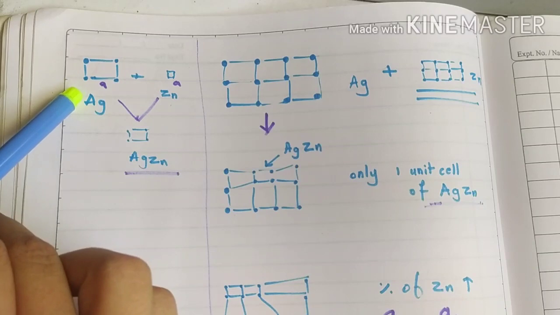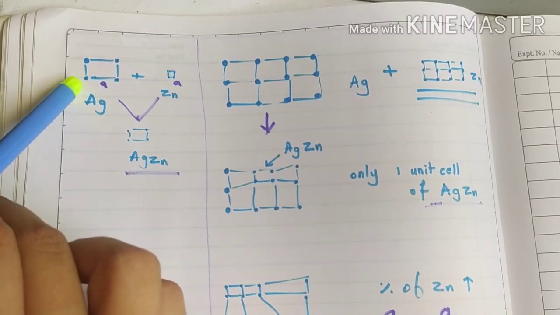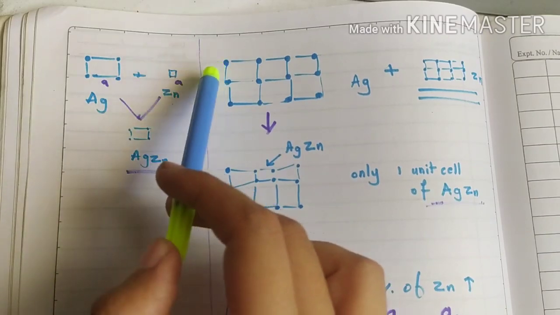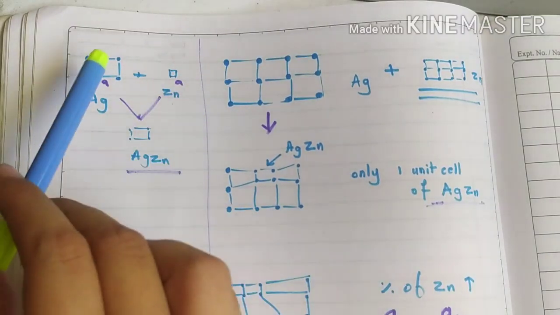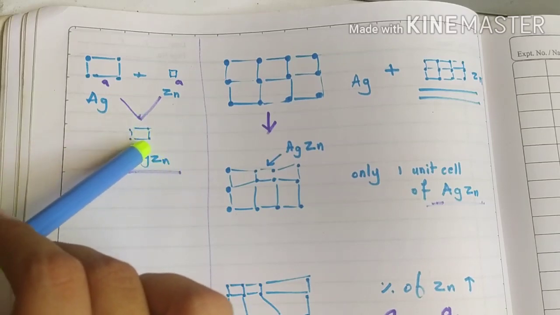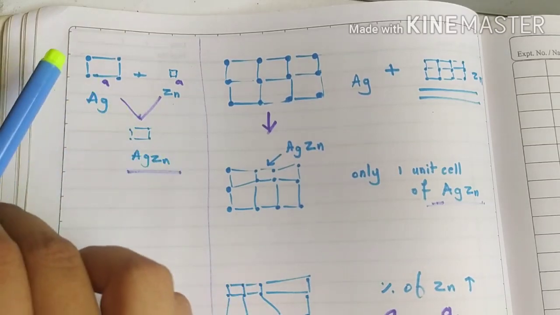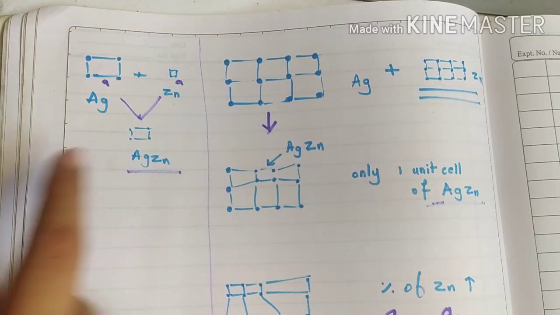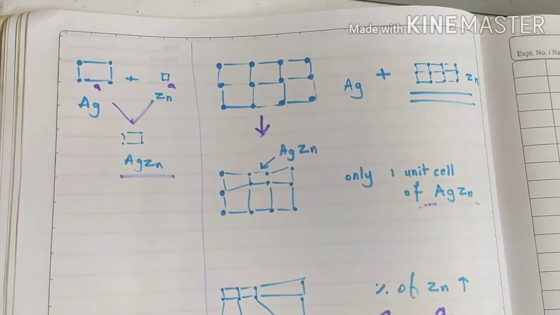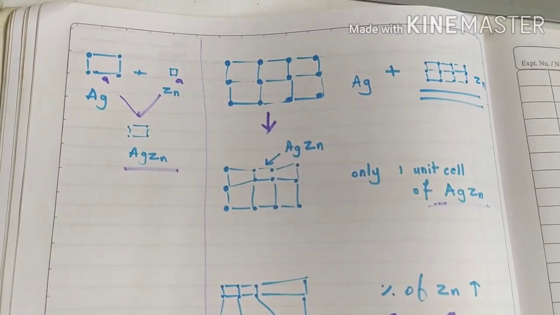Here we see what happens when Ag, which has a larger lattice constant, is combined with Zn, which has a smaller lattice constant. It leads to the formation of Ag-Zn, whose overall size or lattice constant is smaller than that of Ag. So Zn brings down the overall lattice constant or lattice parameter of Ag-Zn, as we saw in the graph.